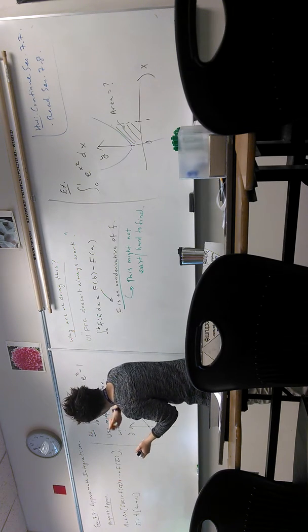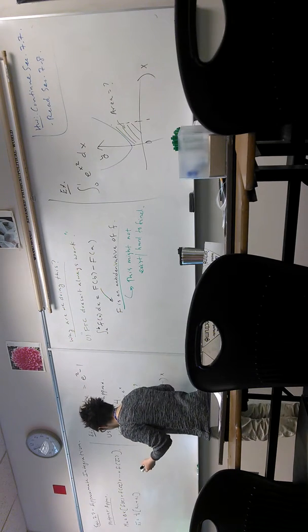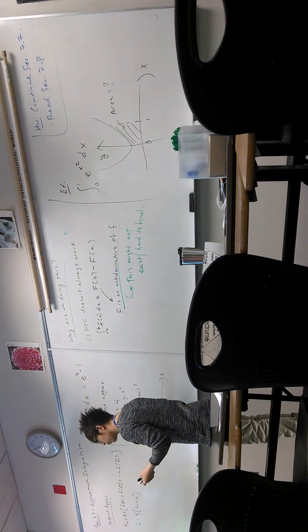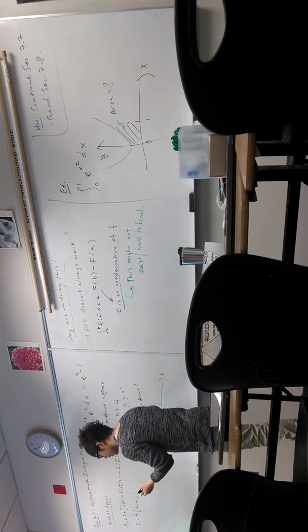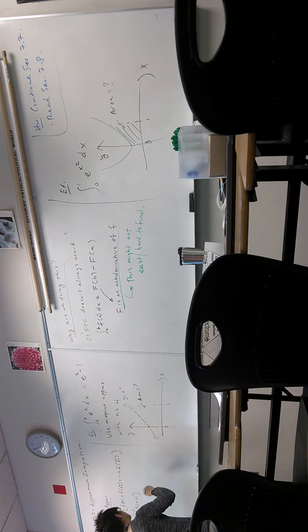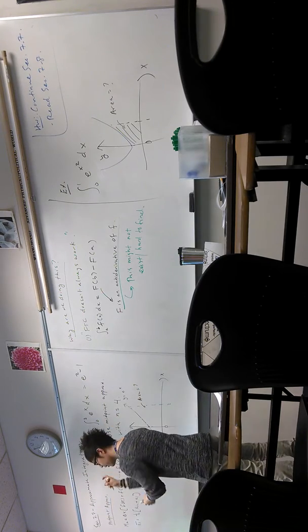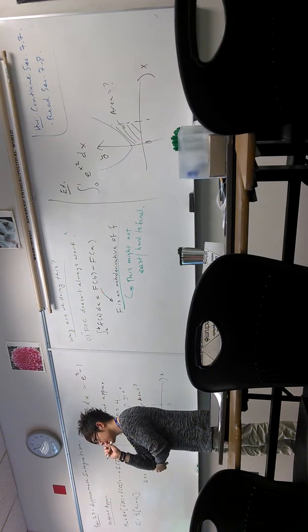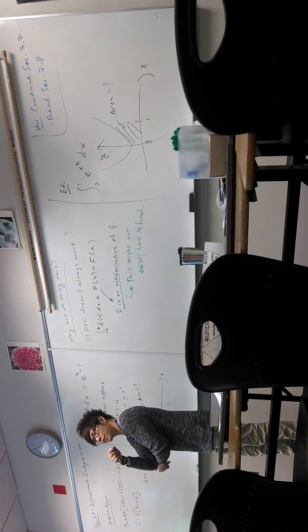So to apply the midpoint approximation with 4 rectangles, I need to figure out what endpoints I use. The first step, just like before, is to figure out what your delta x is. So what's delta x for this example? We're going from 0 to 2, so delta x is the width, which is 1/2. How do you get 1/2? It's b minus a divided by n.